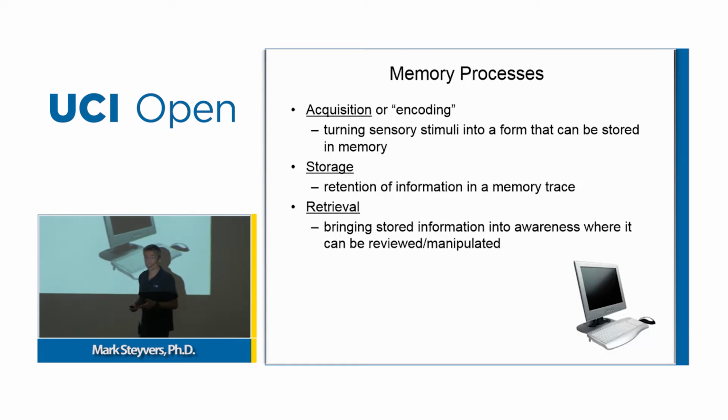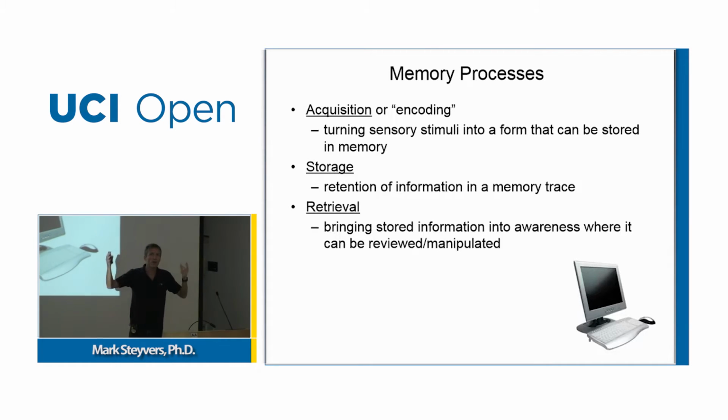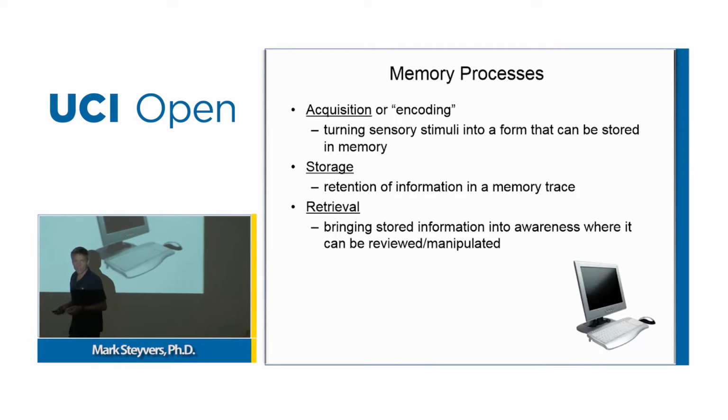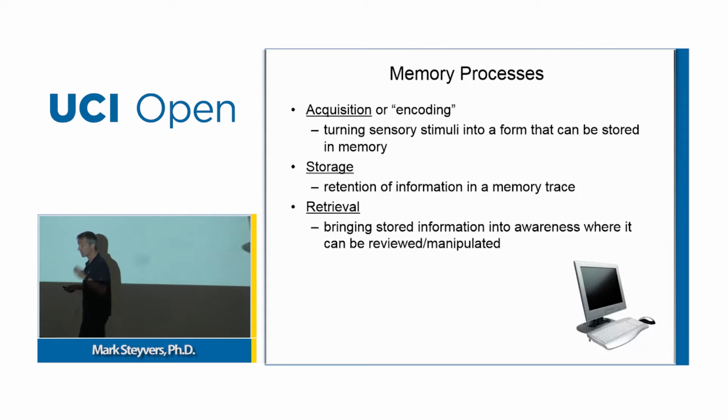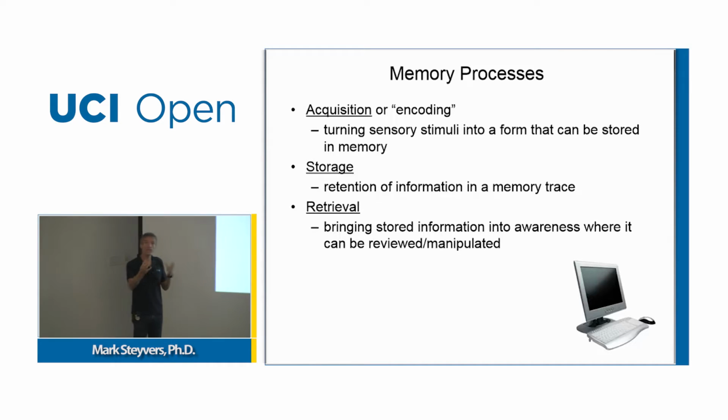When we listen to somebody speak, we rarely store the raw acoustic waveform in memory. We store various bits and pieces of this waveform. We listen to intonation patterns. We listen to the words, we listen to the meaning of words, and those are all pieces of information that we can acquire or encode.